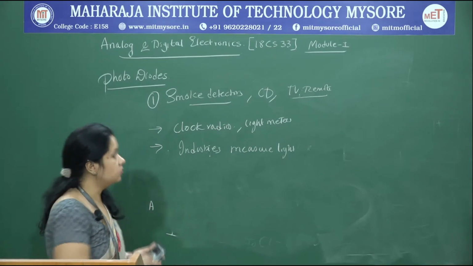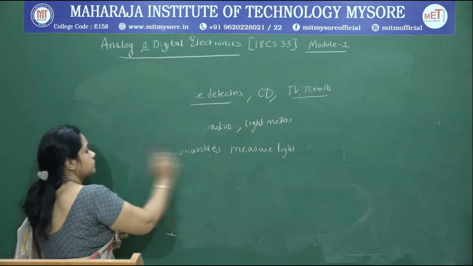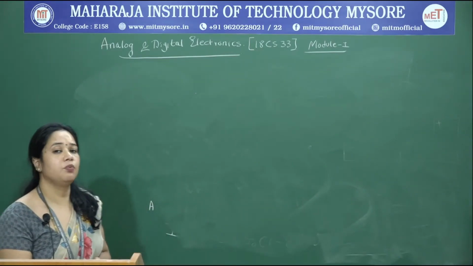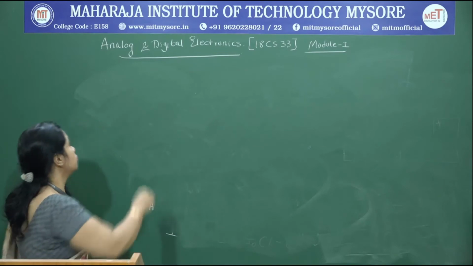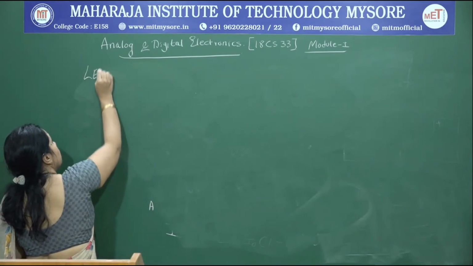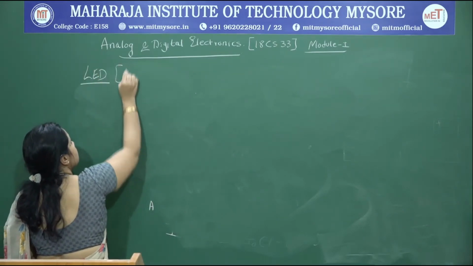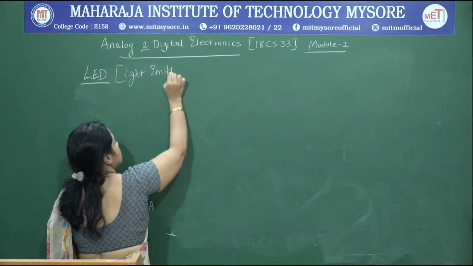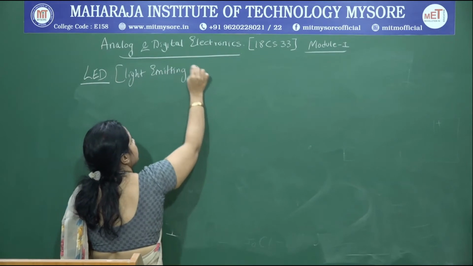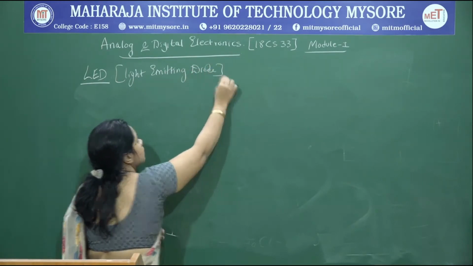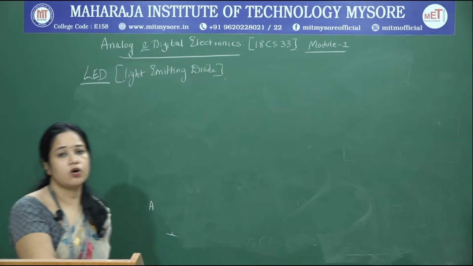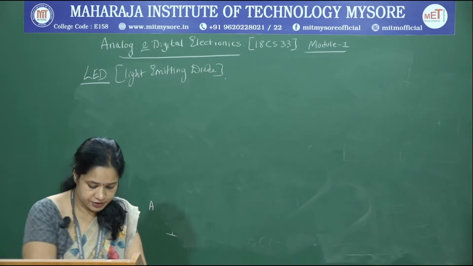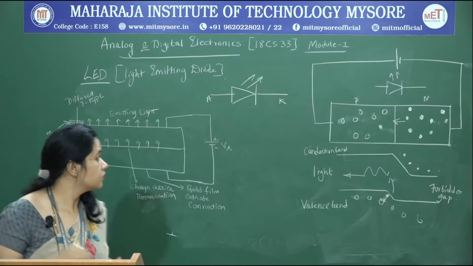Light emitting diodes, as the name indicates, are diodes which emit light when they are forward biased. We will take up what a light emitting diode is, what the constructional details of a light emitting diode are, how it operates, and what its potential applications are.